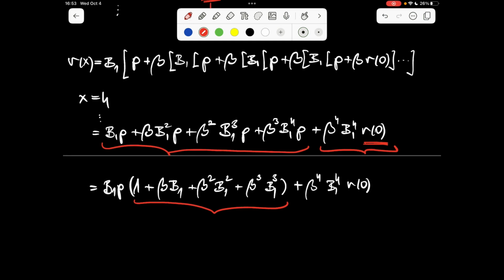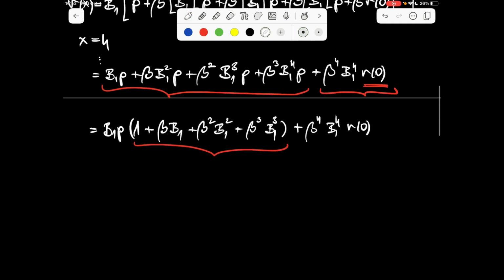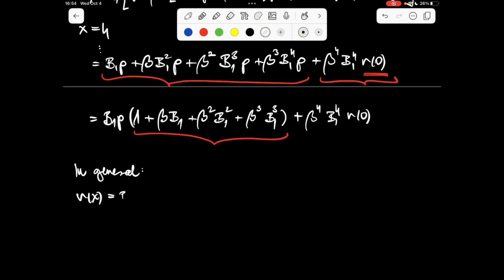So let's try to find the pattern in general. So the value function can be written this way.